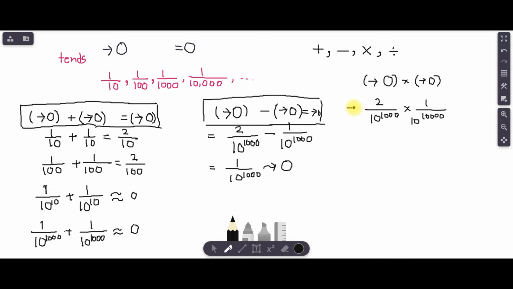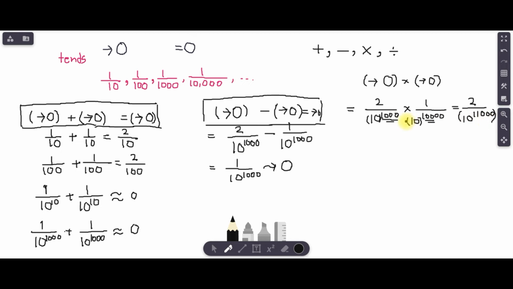If I multiply, the numerator will be 2 and the denominator, that's very interesting. How many zeros will come? We all know when the base is same, the exponent or the power gets added. So 10,000 plus 1,000 is not 20,000, it's 11,000. So it is 10 to the power 11,000.